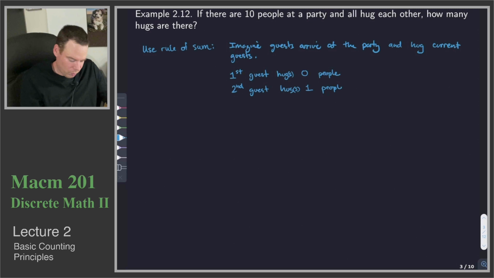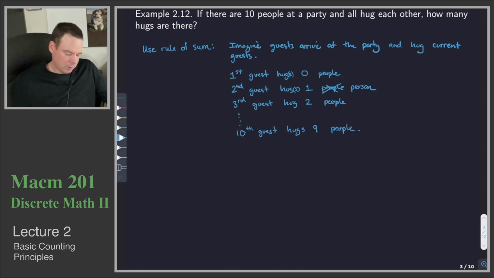So they hug 1 person, singular. And then how about the third guest? Well, when they arrive, they hug 2 people. And so on until the 10th party goer arrives. And when the 10th guest arrives, they hug 9 people, the current 9 party goers.